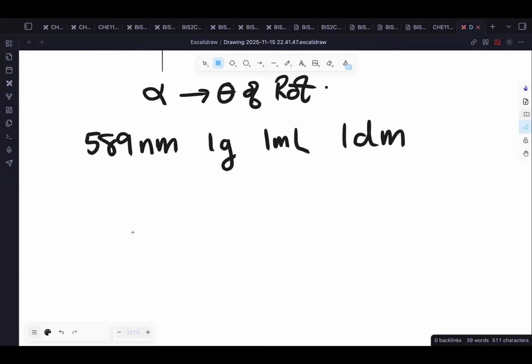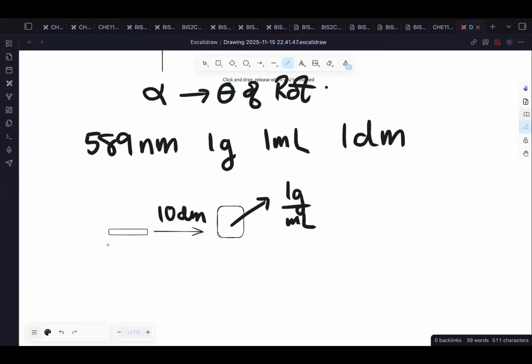So if I had a tube shooting out the light, and then a sample, this length over here would be 1 decimeter, and this would have a concentration of 1 gram per milliliter. And this is just going to be shooting the light.